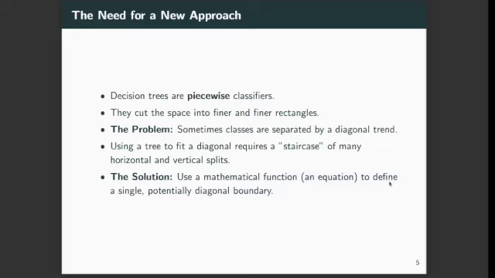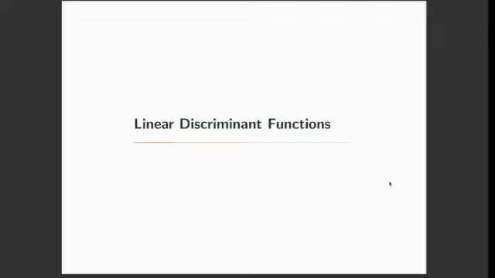To fit a diagonal line using a tree, you'll need a staircase of many vertical and horizontal splits, which is a bit inefficient. So the solution is to use a mathematical function, which is an equation, to define a single and potentially diagonal boundary. And so it introduces us to what we call the linear discriminant function.